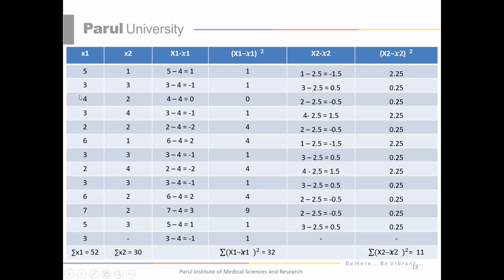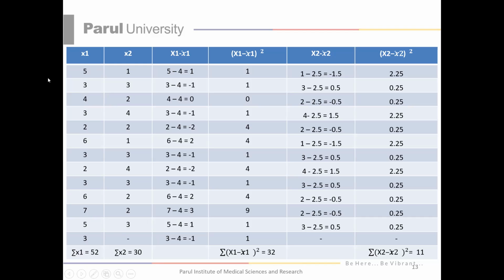It's okay if your first group has more subjects as compared to the second group. You can perform T test in that condition also. If your N1 and N2 are different, it's okay.